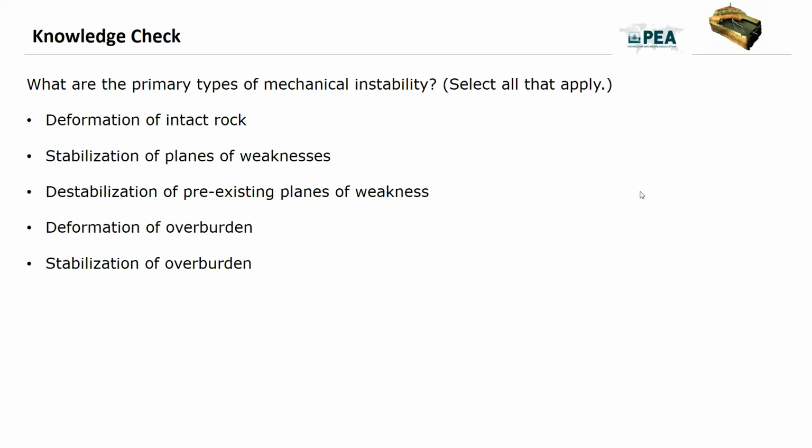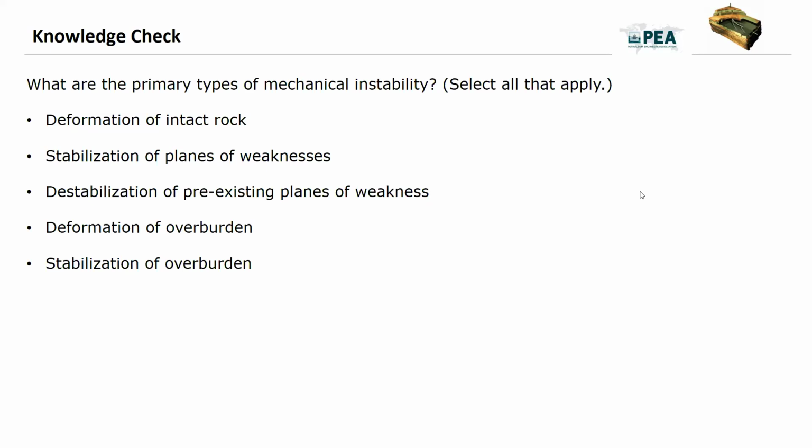I don't know what the host thinks about this. I can give you 30 seconds, so just try to be honest and write the answer down on your paper, and after that I can provide the right answers. So here we go, I can set my chrono to give you 30 seconds to think about these questions. So repeat again, what are the primary types of mechanical instability?